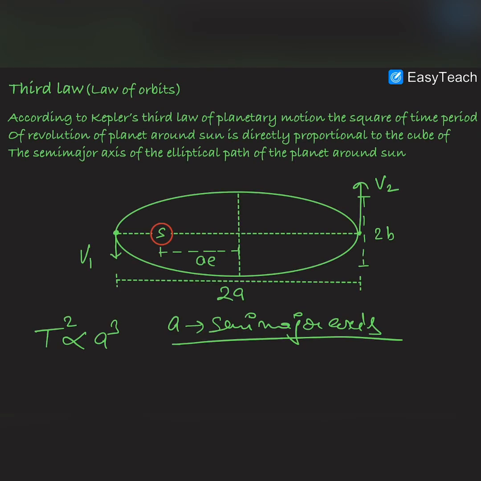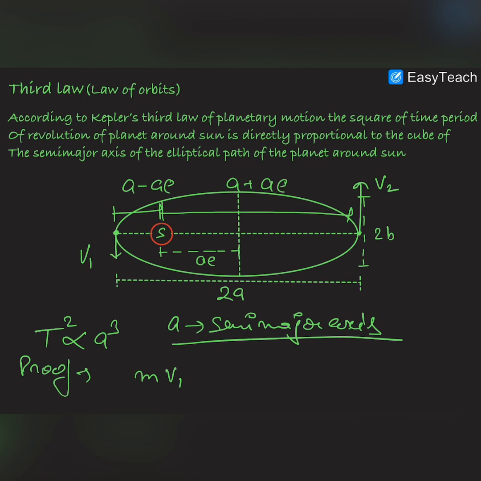So first of all, what we can say is that mv1, and this distance from the perigee to the sun is a minus ae, and this distance is equal to a plus ae.